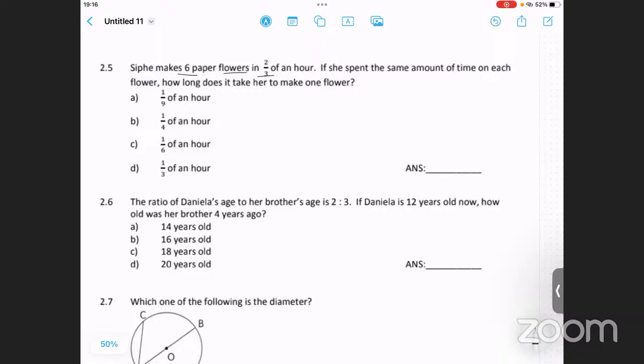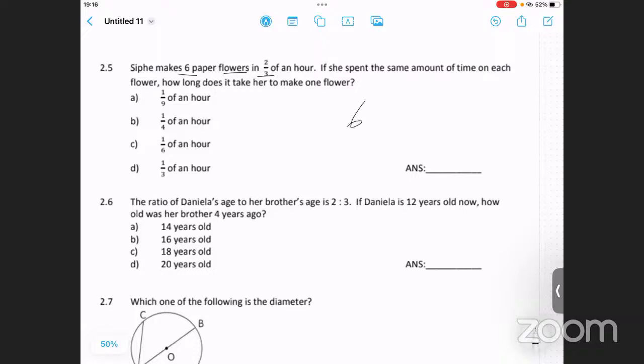Oh, wait, ma'am, are we going to say 6 over 1, and then divided by 2 over 3, and then we flip and times?